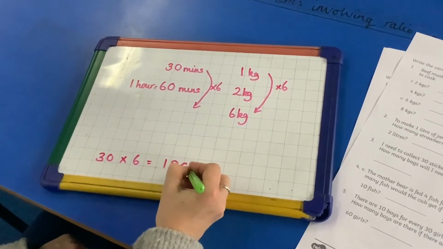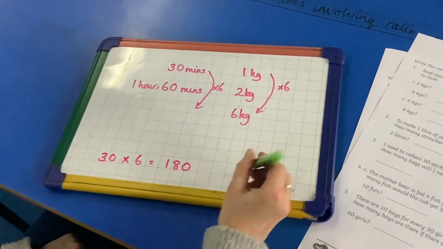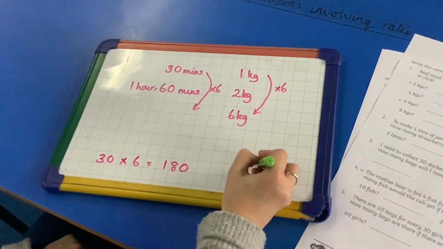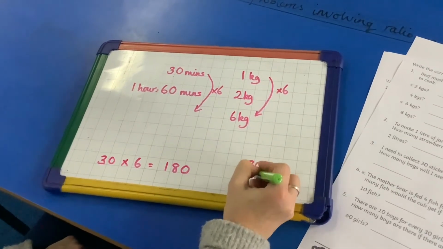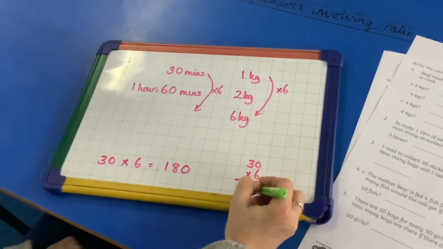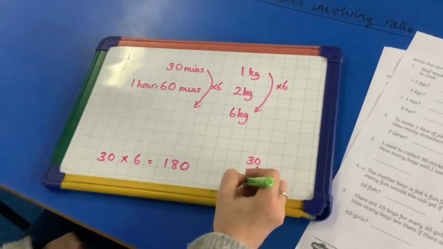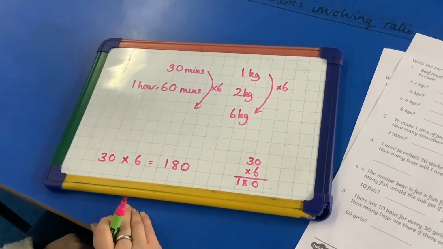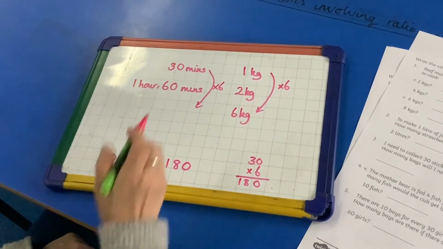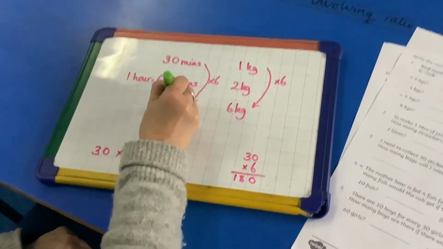Here we are, 180. If you're not sure of that way, you can set it out in a calculation like that, of course. 6 times 0 is 0. 6 times 3 is 18. So 180 minutes would be my answer there.